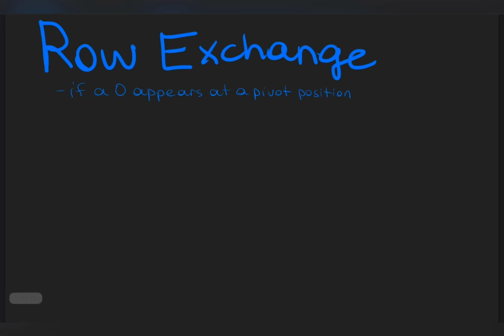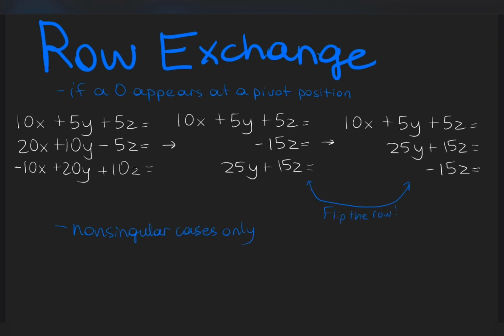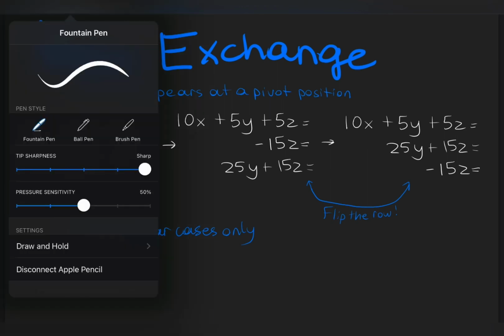Okay, first let's talk about the row exchange method. We are going to conduct this process if a 0 appears at a pivot position. If you need a reminder, a pivot position is the position right here, here, and here once you get the system of equations in a triangular pattern. So just look at this system over here really quickly.